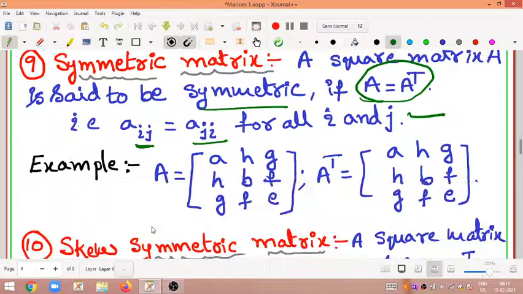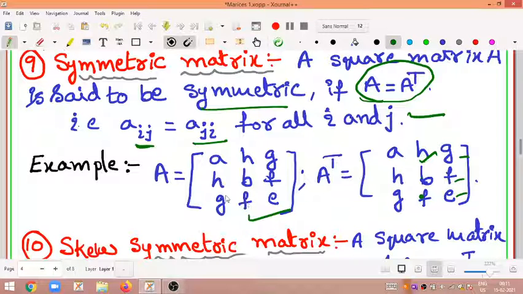See here, example of a symmetric matrix. If A is a, h, g, h, b, f, g, f, c, its transpose is a, h, g, then h, b, f, and g, f, c. Everything stays the same.